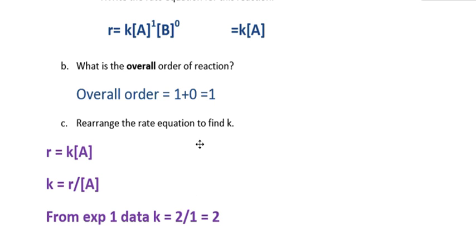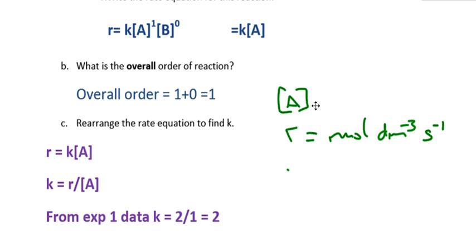So if we go back up and look at the units of rate, the units of rate are moles per decimetre cubed per second, mol dm^-3 s^-1. And the units for the concentration of A are moles per decimetre cubed, mol dm^-3.